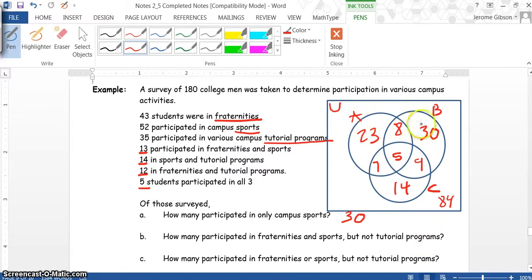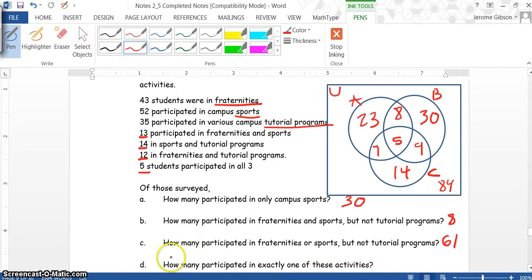Now if we look here, that's only where A and B intersect without C, which leaves us 8 here. It says how many participated in fraternities or sports, but not tutorial programs. So that leaves out all C. So these values here will be left out, and we will add 23 plus 8 is 31, plus 30 is 61.